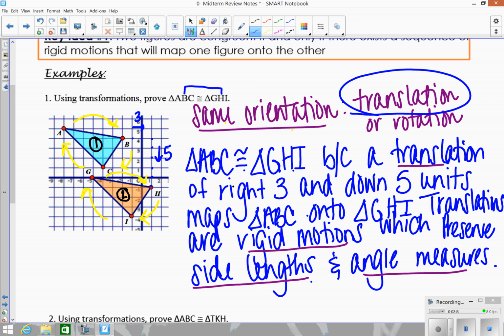So when you're doing these, you want to make sure that you state the specific transformations, so in this case translation, right 3 down 5, and then you need to mention that those are rigid motions which are preserving the side lengths and angle measures which make them congruent. If we were trying to prove similar, then we would be doing similarity transformations, preserving angles but changing sides to make them proportional. So it's important that you're saying that these are congruent because the sides and the angles are staying the same.